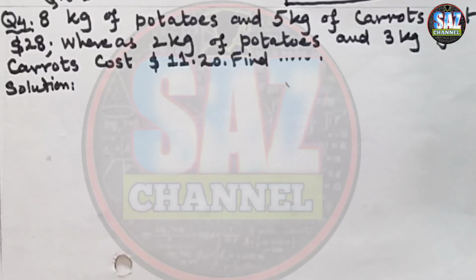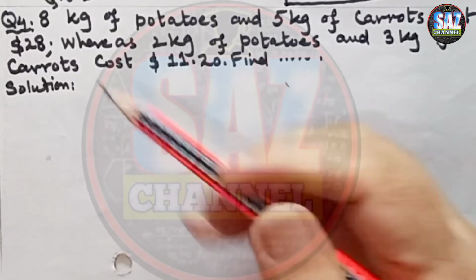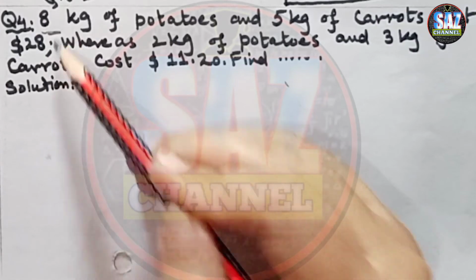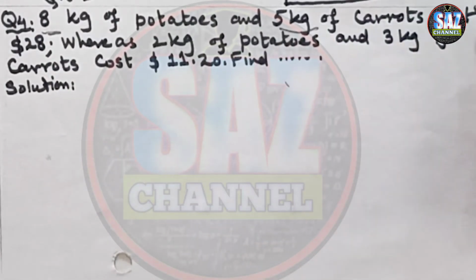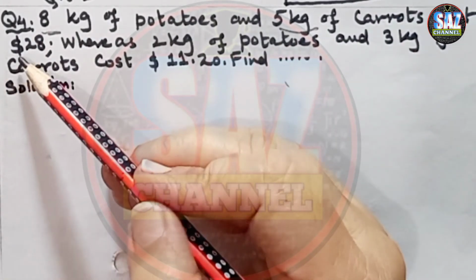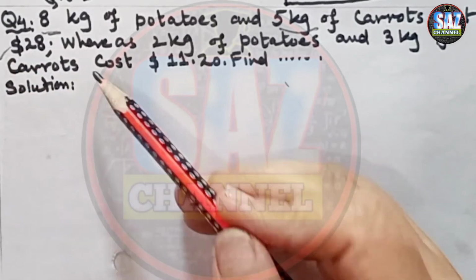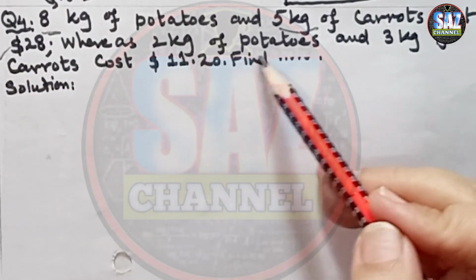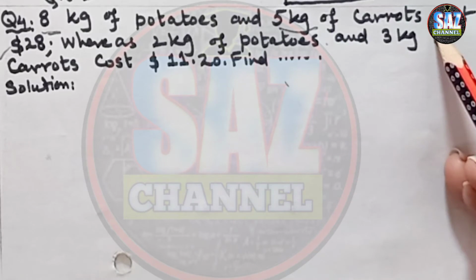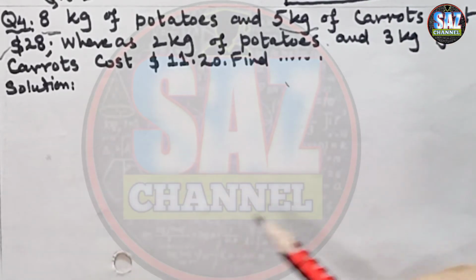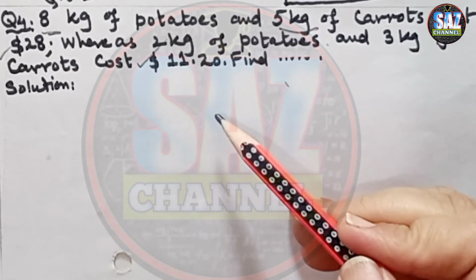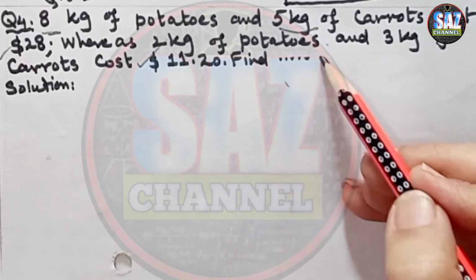The next question says that 8 kg of potatoes and 5 kg of carrots cost $28, whereas 2 kg of potatoes and 3 kg of carrots cost $11.20. Find the cost of 1 kg of each item.